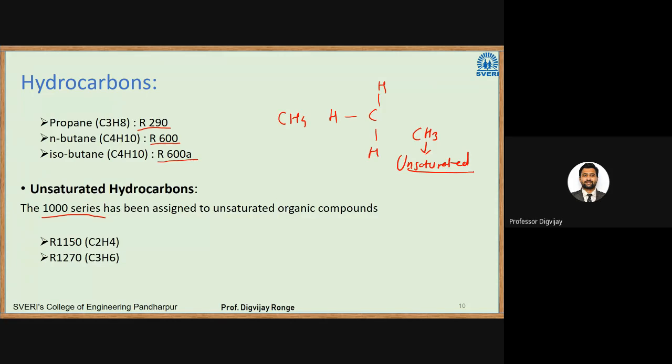Examples are R1150, that is C2H4. The saturated version would be C2H6, but here I have a deficiency of two hydrogen atoms, so C2H4 is an unsaturated hydrocarbon. Next is R1270, which is C3H6. The saturated version we know is C3H8. So the general formula is CnH2n+2 for the alkanes.